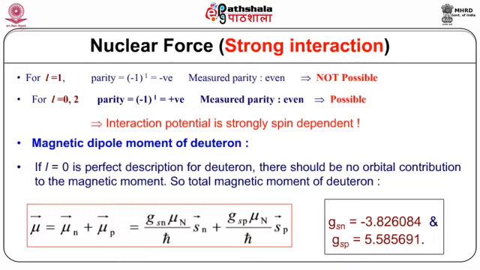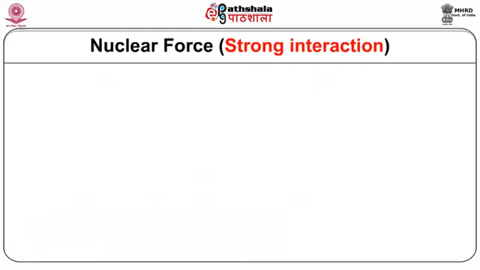The expression is given here, where g_sn = -3.826084 and g_sp = 5.585691. These are the free neutron and free proton g factors. Nuclear force, strong interaction. We are continuing with our discussion about the deuteron.